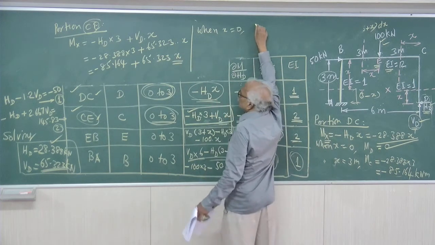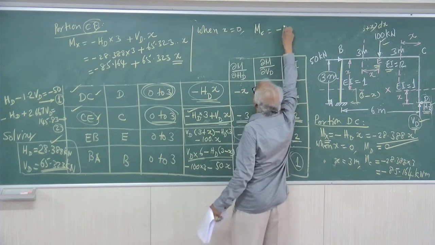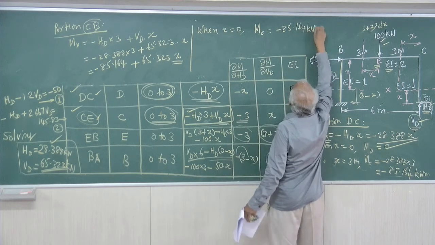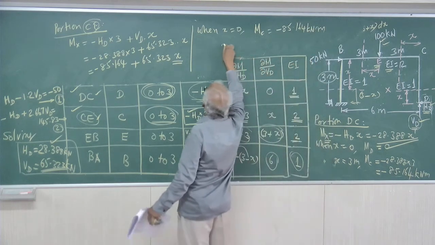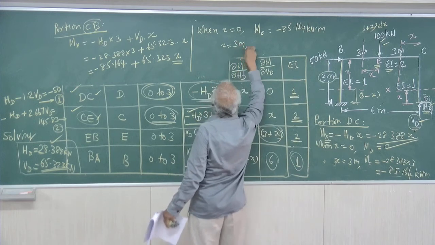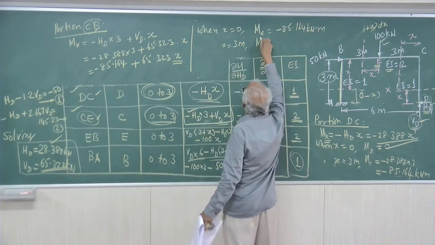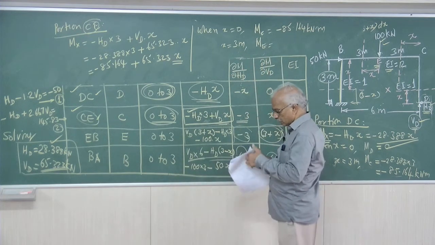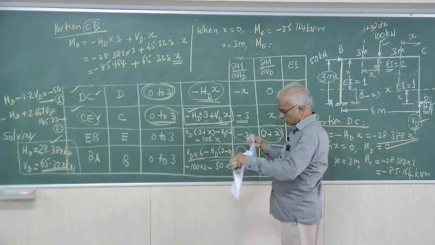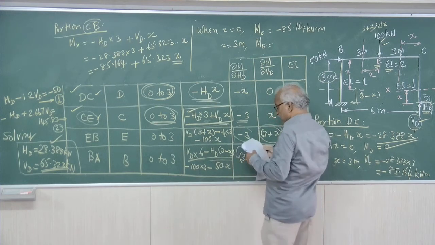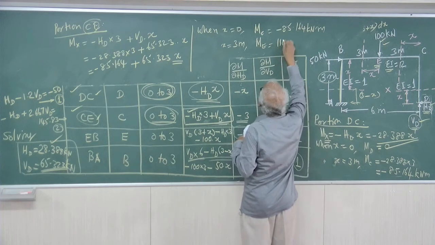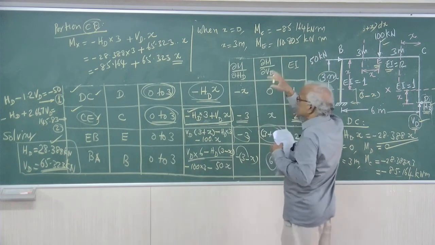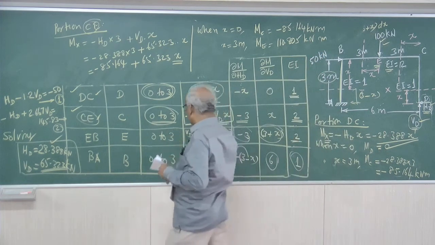So, MC equal to minus 85.164 kilonewton meter. And when x is equal to 3 meters, we are at the point E. ME equal to 110.805 kilonewton meter. So, like this, I think we will avoid further calculations.